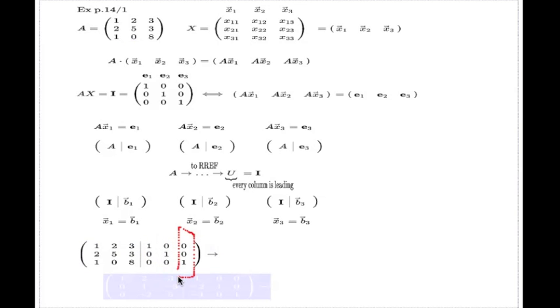We can do this because the set of operations which take this augmented matrix down to this row echelon form, and this one down to this, is the same set of operations. And then if we do this set of operations on this long matrix, here we will expect the identity, and here we will expect the inverse.